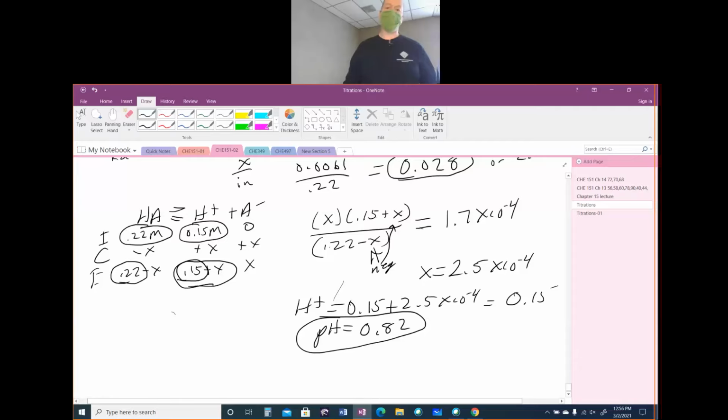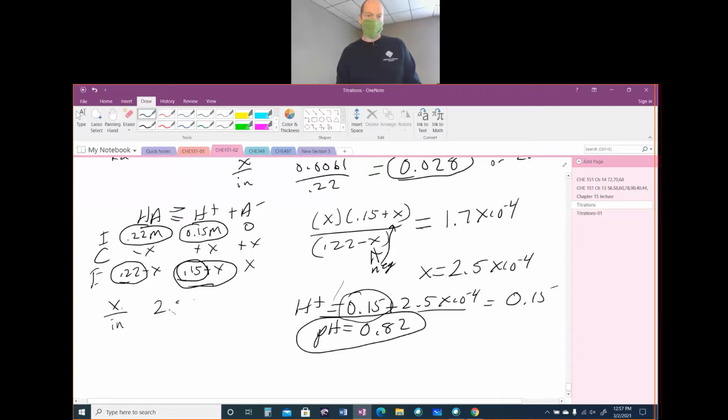All right, so that would be a trick question. What is the pH? It's actually a simple question, but people will get it wrong because they'll say x is Ka, x is my H plus. It is not. The H plus is 0.15 plus this x value, which is so small, it doesn't change the initial concentration. But the problem here asks for the degree of ionization. So we simply take our x divided by our initial concentration.